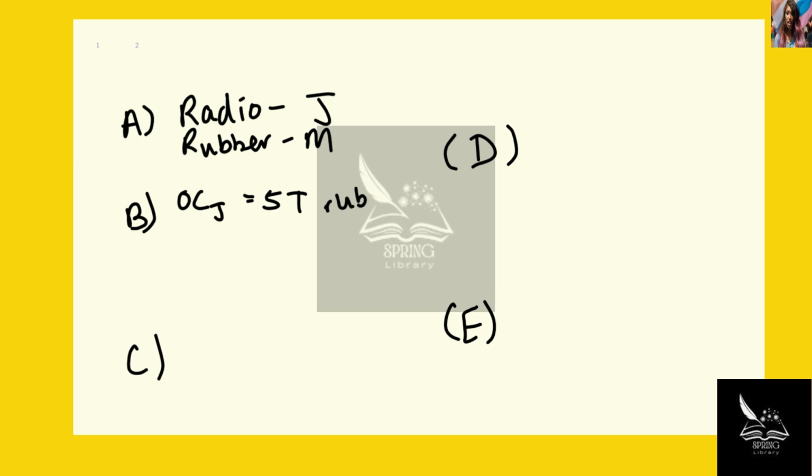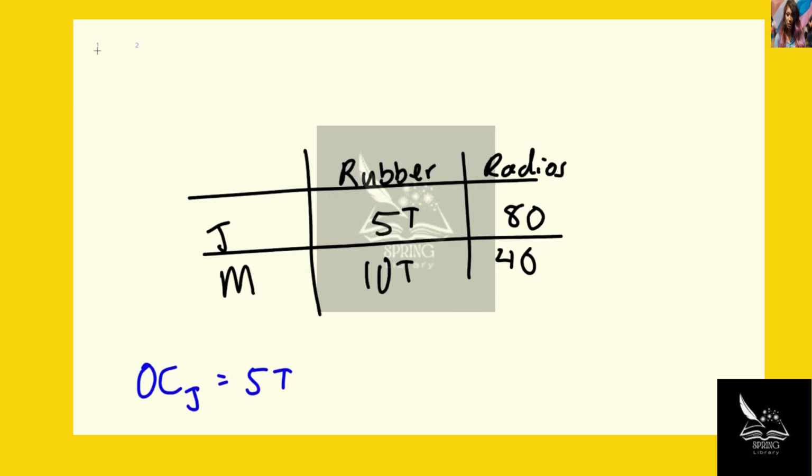Sorry for the terrible handwriting, 5 tons of rubber. And in Malaysia, the opportunity cost for producing 80 additional radios would be 40 times 2, because that would give us 80, and 10 times 2, so we'd have to give up 20 tons to produce 80 additional radios.